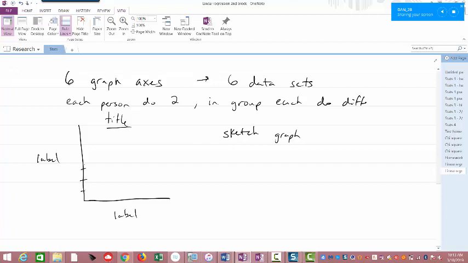You need to put in a few tick marks and at least one number so that someone knows what your scale is. Don't put in too many numbers. It just gets it all jumbled up. One or two is enough so that people have an idea of what your scale is. So you're going to put on your dots and draw your line. And it doesn't have to be perfect.